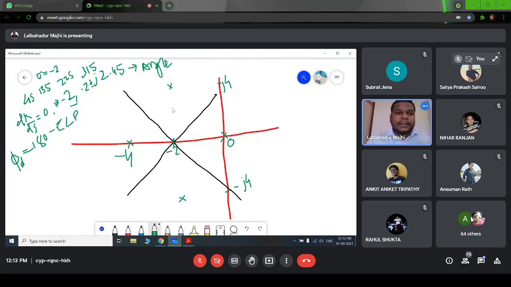There is no zero, so only poles. That means for this upper complex pole, we have to draw lines from all other poles. There will be this line and this line. This is 90 degrees, so we don't have to measure it. We have to measure this angle and this angle.